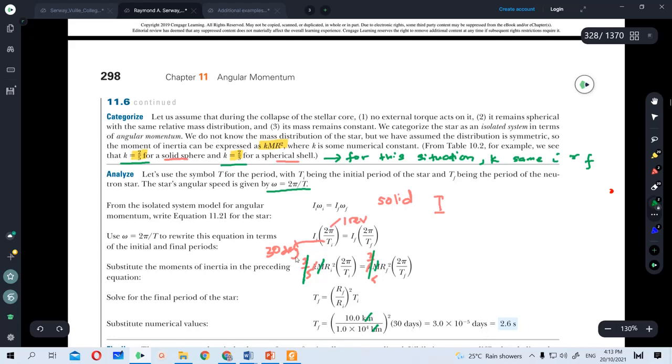If you stay with 30 days, you will arrive with final answer in days as well. But let's say that you convert it into second from the very beginning, then you will arrive with second at the final answer. However, for the exam, well, they're supposed to request it properly. So state your final answer in days or state your final answer in second.